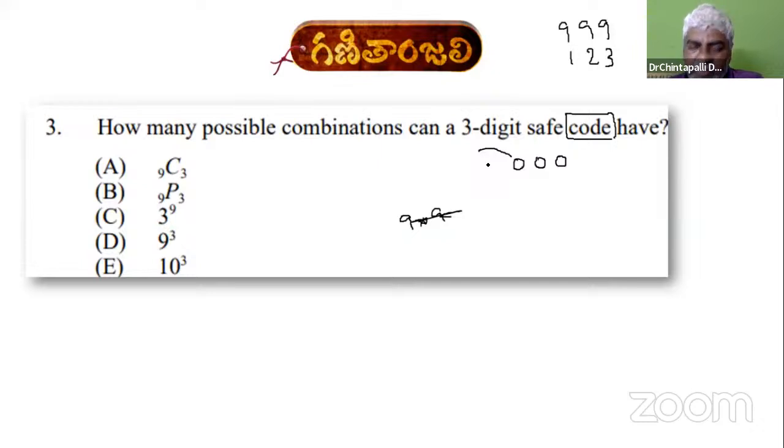Don't think mathematically. For example, if some number is 040, if you dial 40, it doesn't go. Some actual number is Hyderabad code 040, 862439 something.